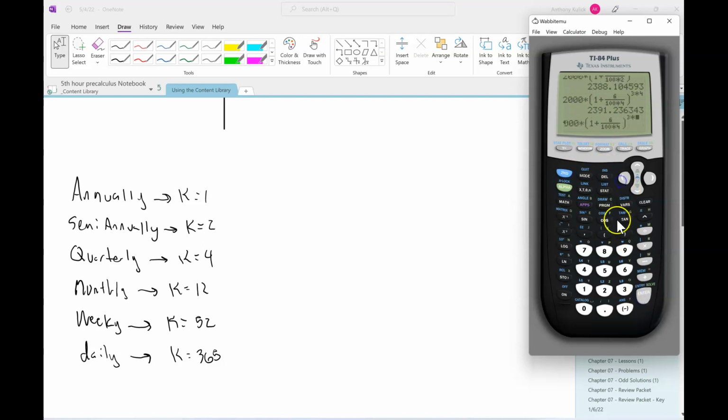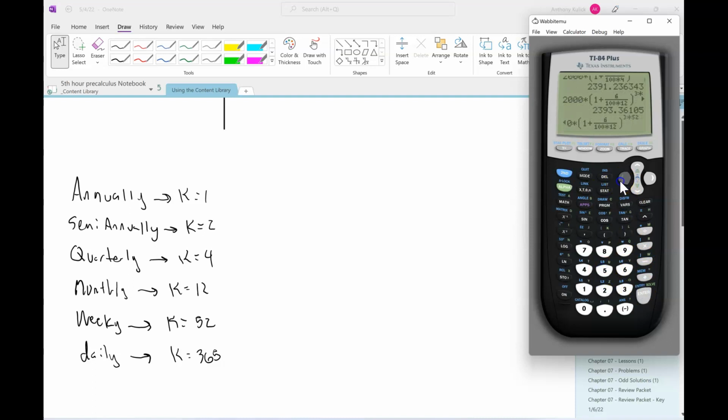Well, let's go make that 12 then. It's only about $2 difference, even though we tripled the number of compounds from the previous. Okay, well, let's make it 52.